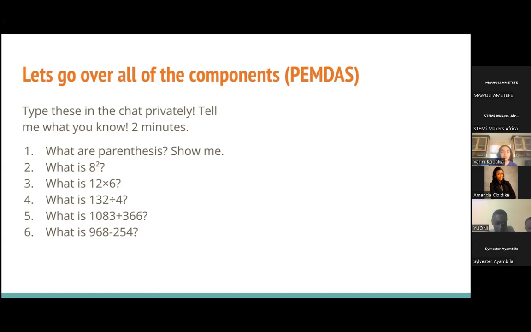Does anyone want to tell me what parentheses look like? You can just type it in the chat.